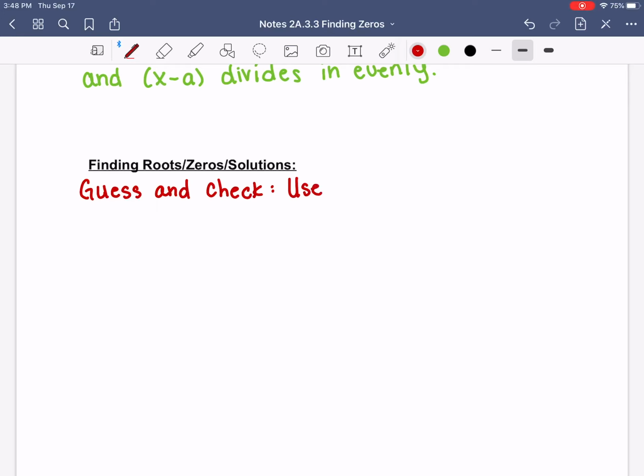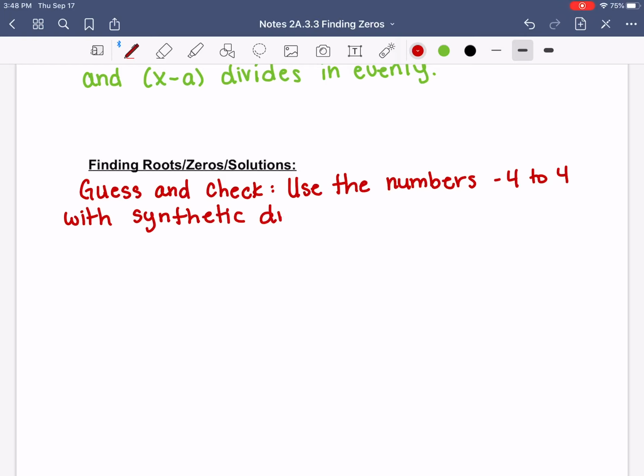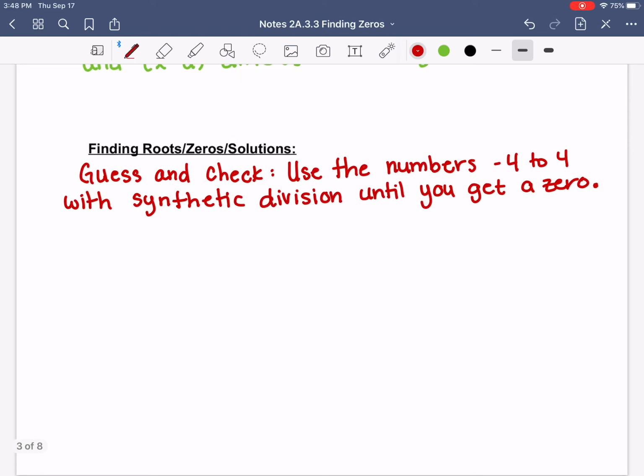You're going to use the numbers -4 to +4, trying to plug them into synthetic division until you get a 0. If those 9 numbers don't work, then you can go on to like -5 and +5, -6, +6, and try those numbers. But you have to do guess and check for now.